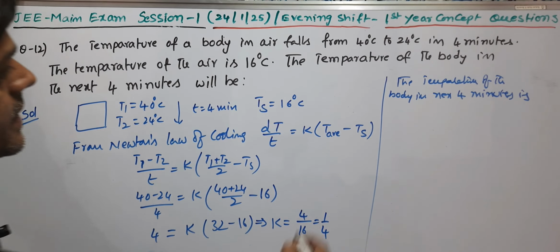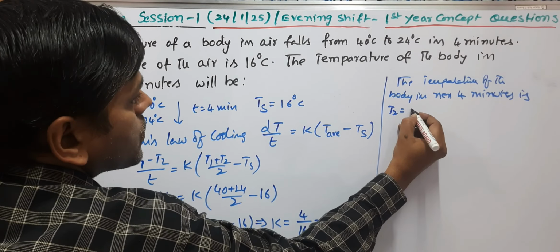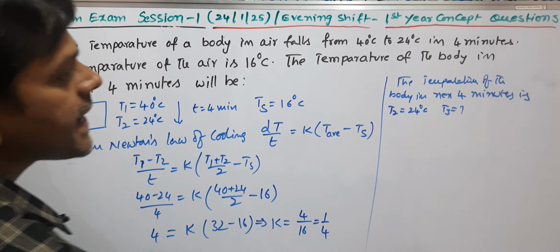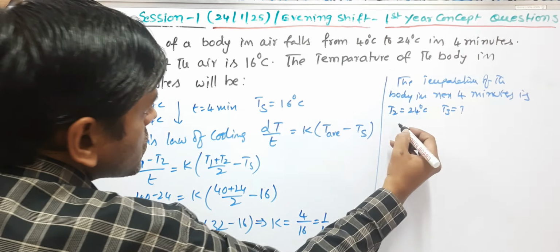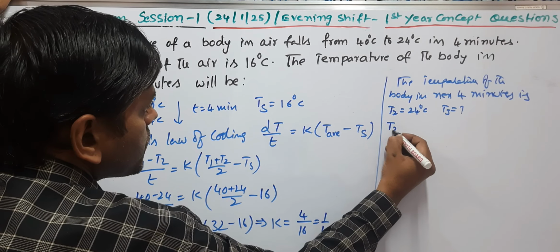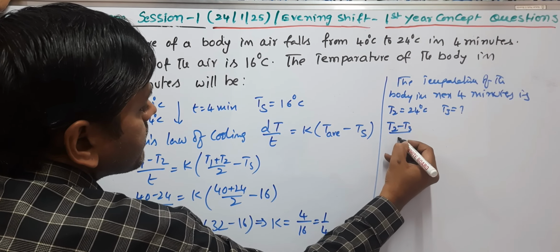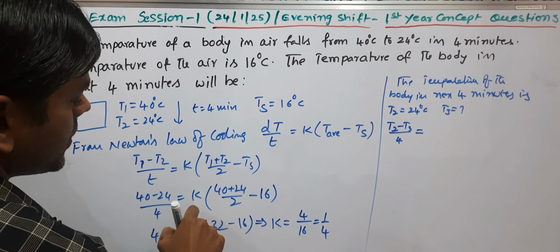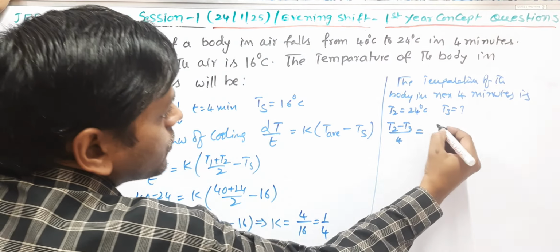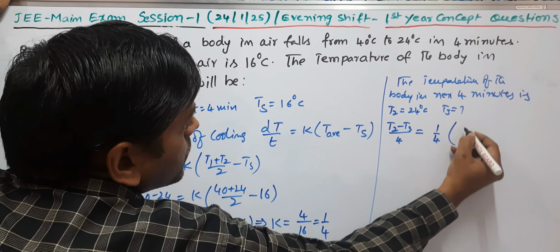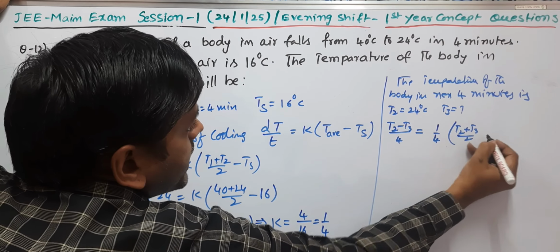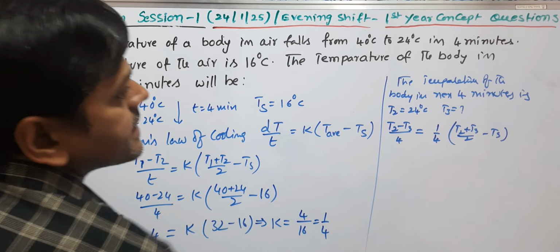After 4 minutes, with T2 as the initial temperature, it falls from T2 to T3. So T2 is 24 degrees Celsius, and T3 is to be calculated. T2 minus T3 by time 4 is equal to K, which is 1 by 4, into (T2 plus T3 by 2 minus Ts).